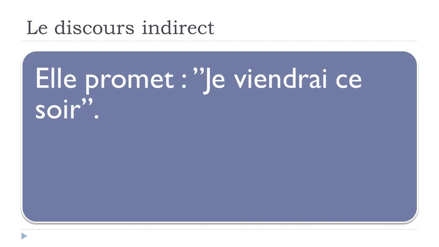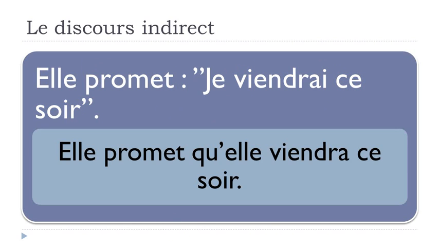Okay, so a third example, elle promet je viendrai ce soir. Okay, promettre is to promise, and then je viendrai, so I will come ce soir. Okay, and here elle promet, okay, que, so we should first have this que. Of course, as we had in the previous example, you must modify this je, okay?